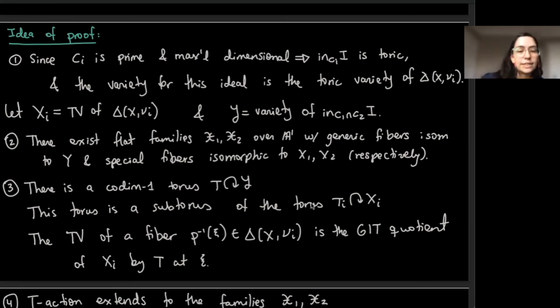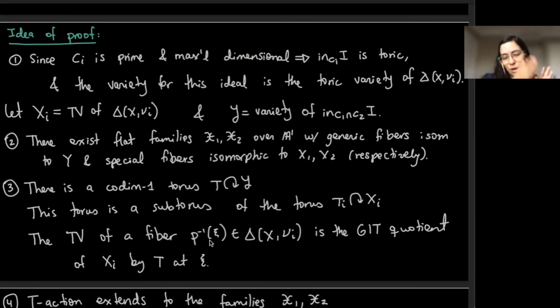Now, this interacts nicely with a torus action. These are toric varieties, so they have a torus action. Y is not exactly a toric variety, but there is a codimension 1 torus. This is the subtorus of the torus that acts on each of the Xi's, the torus that both of the Xi's have in common.